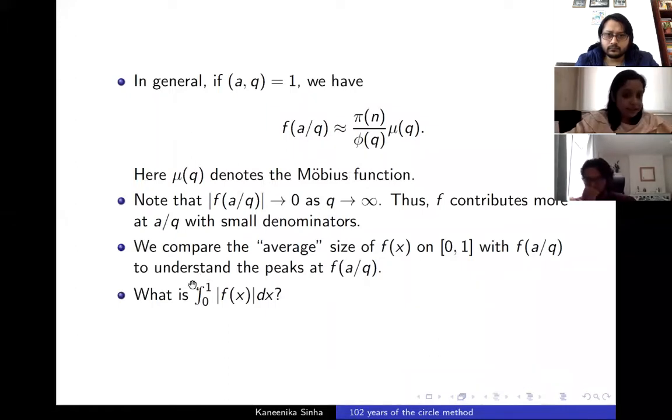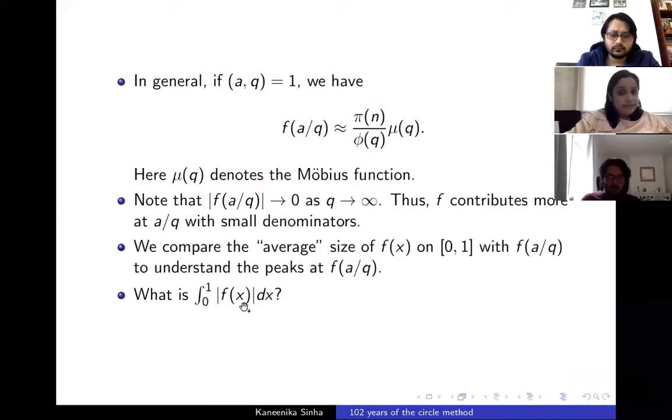So this expression here gives us the average size of f of x. Now f of x is a complex number, and it's not all that easy to play with absolute values of complex numbers. These are square roots of certain quantities, so we play a cheap trick.